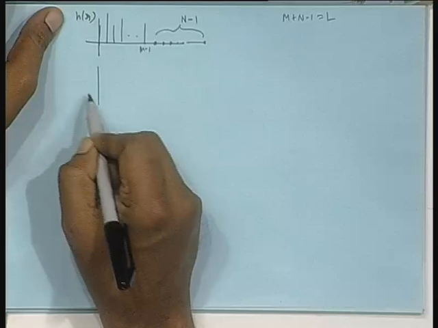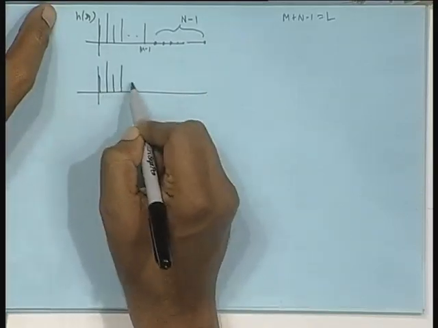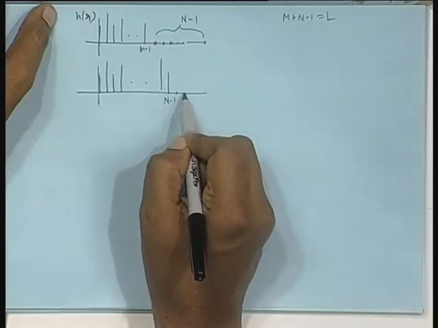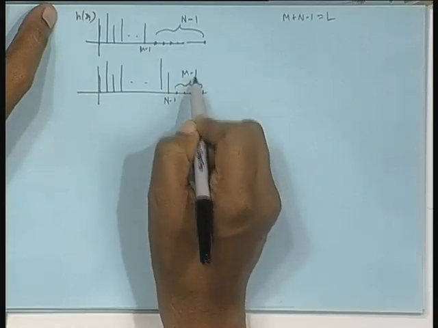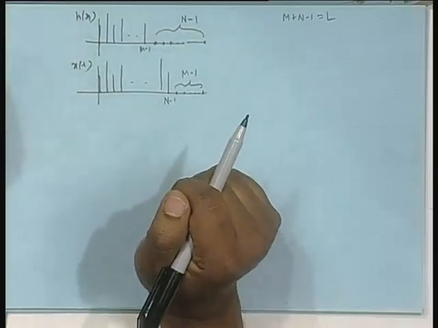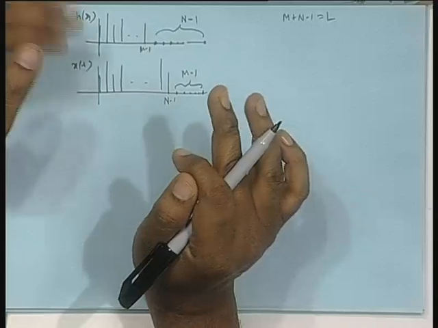Similarly, I do the same thing for x[n]. N plus M minus 1, how many zeros? M minus 1 zeros. I have to now do circular convolution between the two. Very simple. I will follow the graphical method.